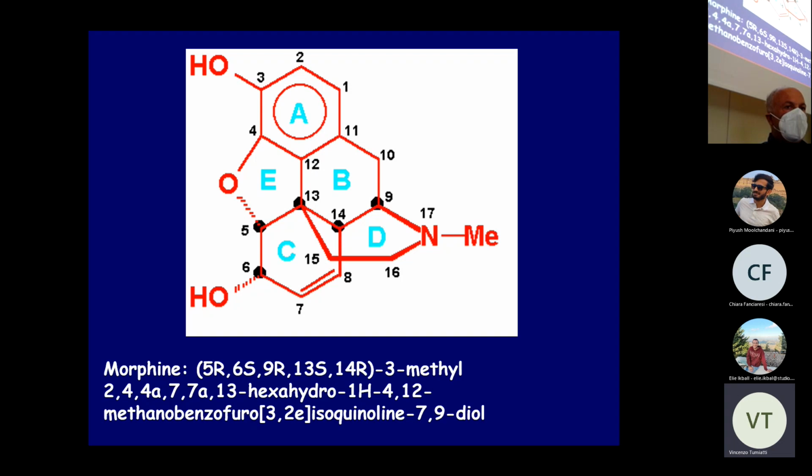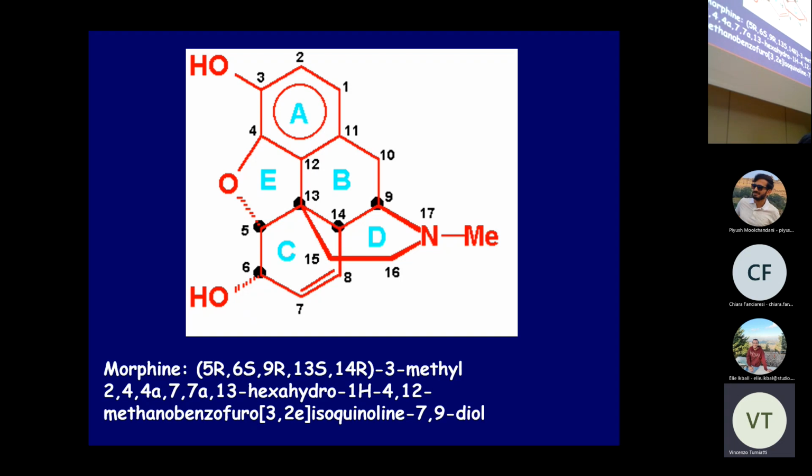But the limitation of the ability of morphine to cross the blood-brain barrier is due also to the two OH groups. The two OH groups are hydrophilic, so they contribute to increase the hydrophilicity of the whole molecule.